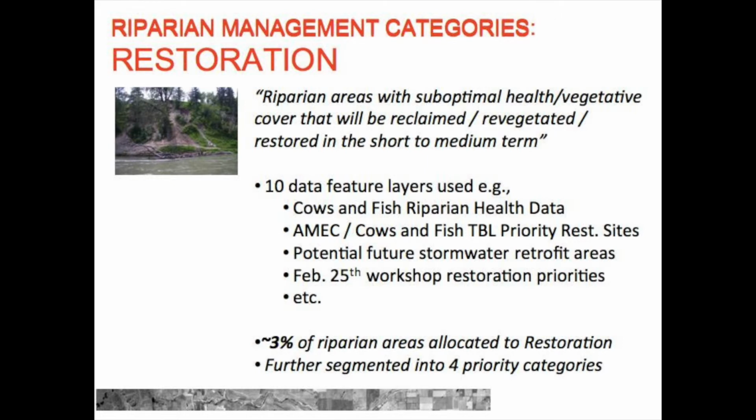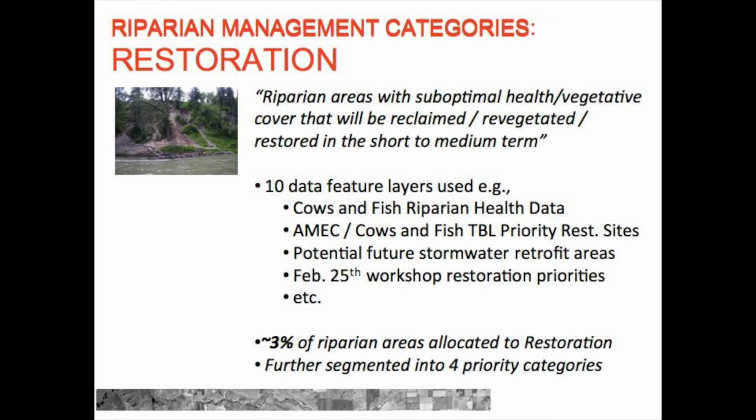Restoration zones were defined as riparian areas with suboptimal health or suboptimal vegetative cover that will be reclaimed, revegetated, or restored in the short to medium term. We used 10 data feature layers for that. We built on the Cows and Fish work, the AMEC triple bottom line priority restoration sites. We looked at things like potential future stormwater retrofit areas, the idea being that when you put those projects in, there's also an opportunity to include within those projects some riparian restoration.